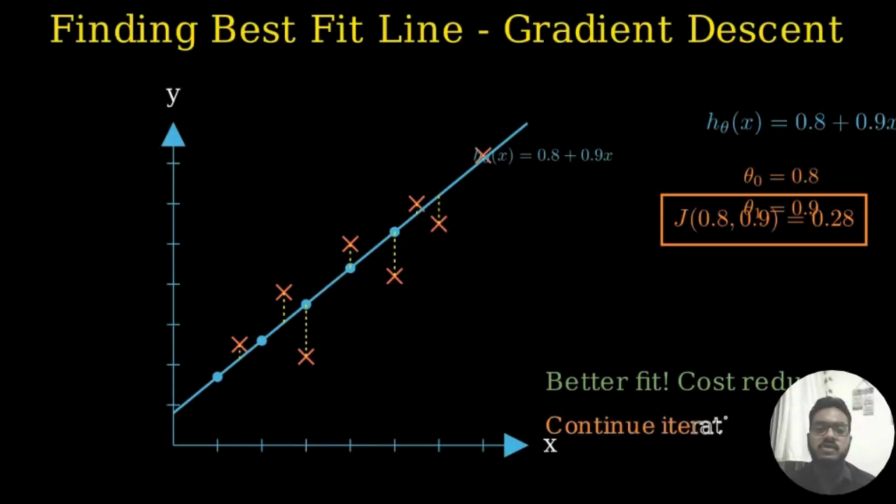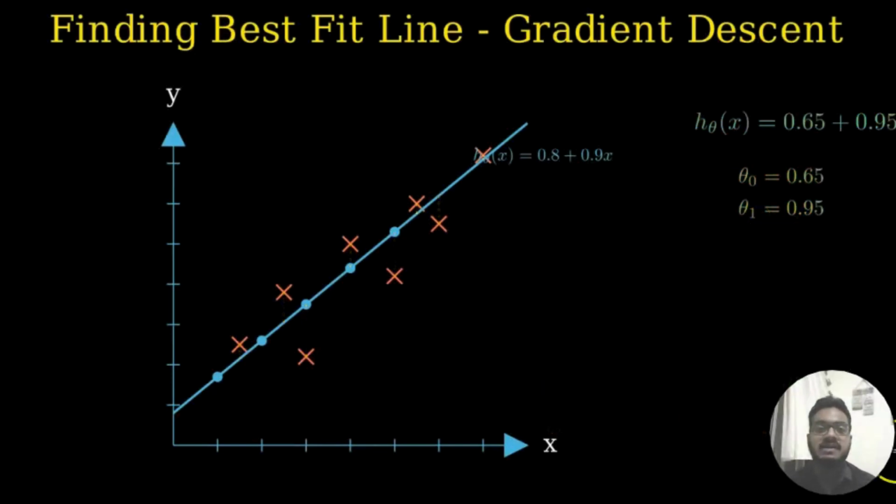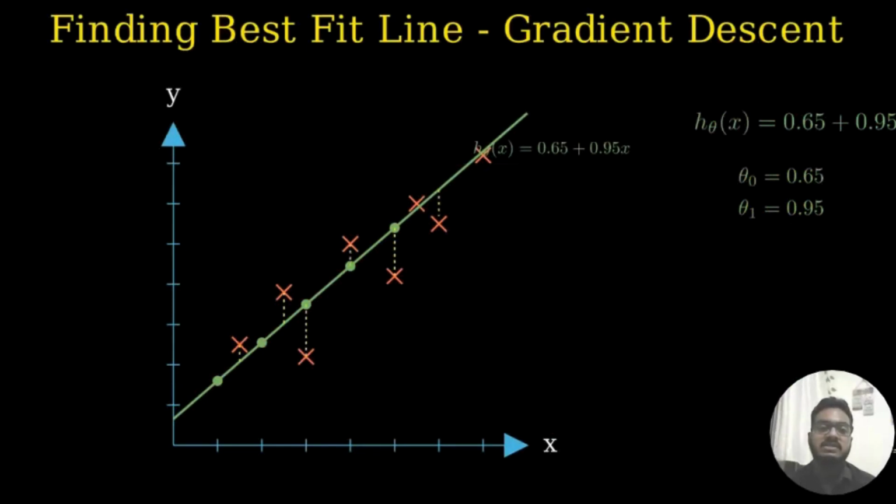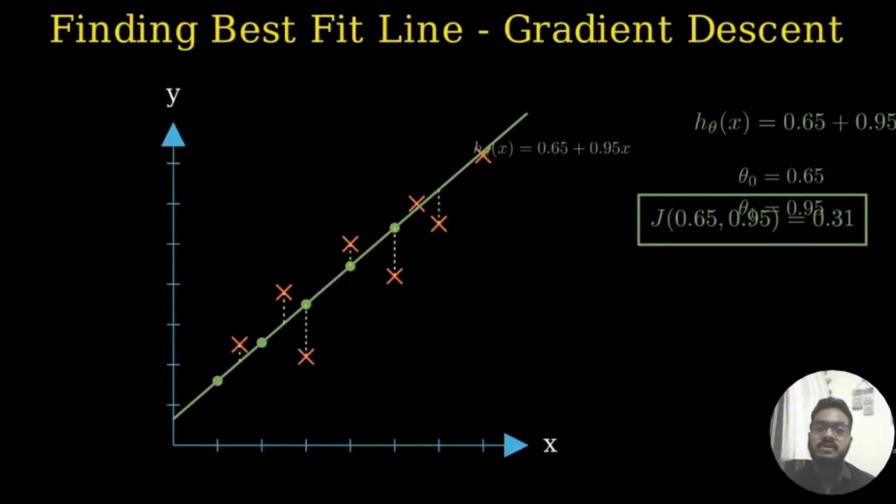We just keep on doing this iteration till our cost function is minimized. That line will be the best fit line. Similarly, in the third iteration, the value of the cost function comes out to be 0.31. So, as we go on doing this, we are going to finally find the best fit line.